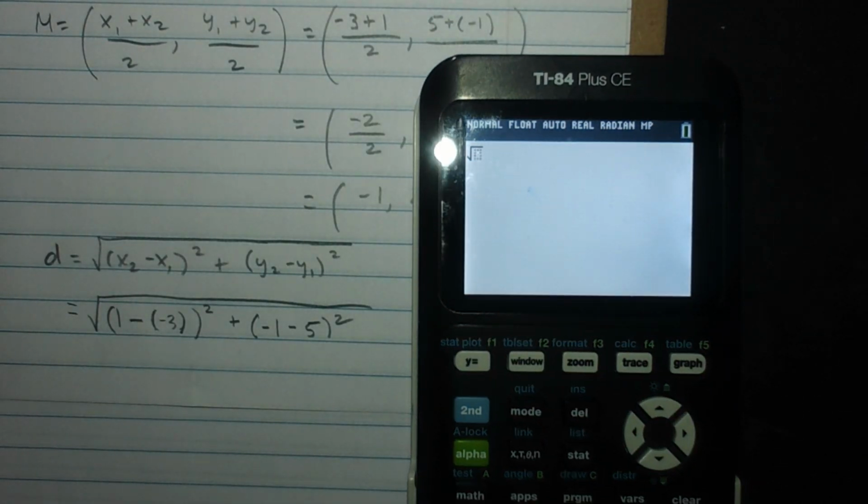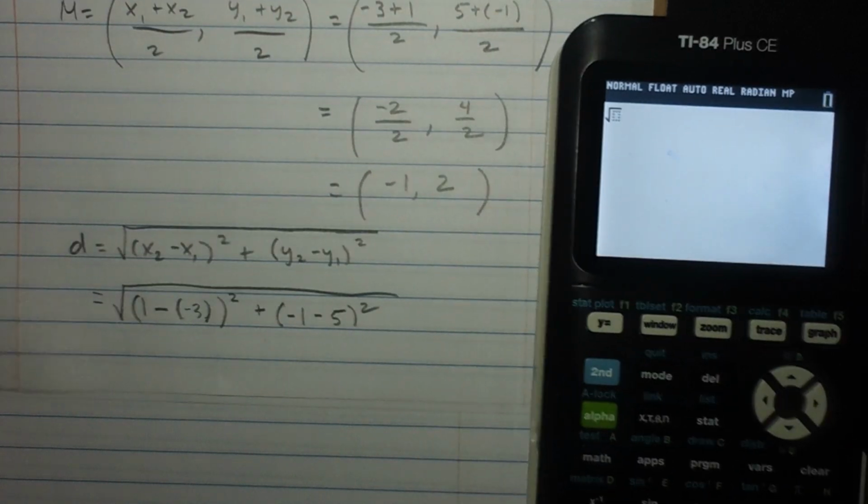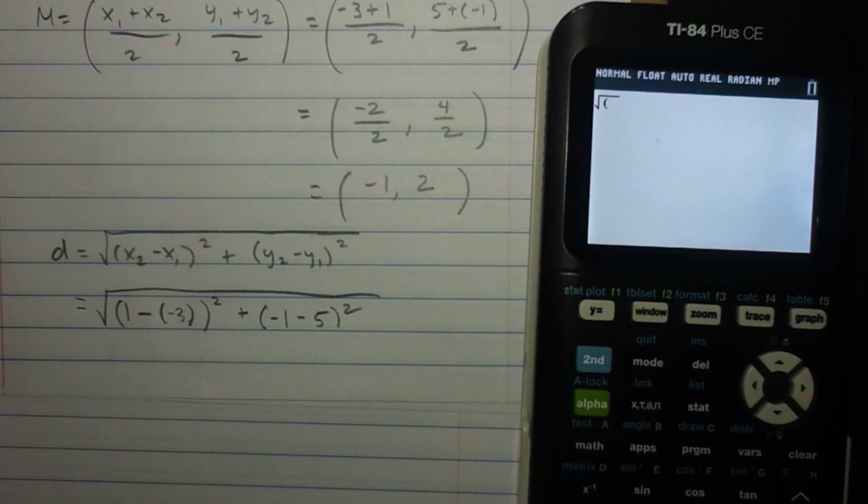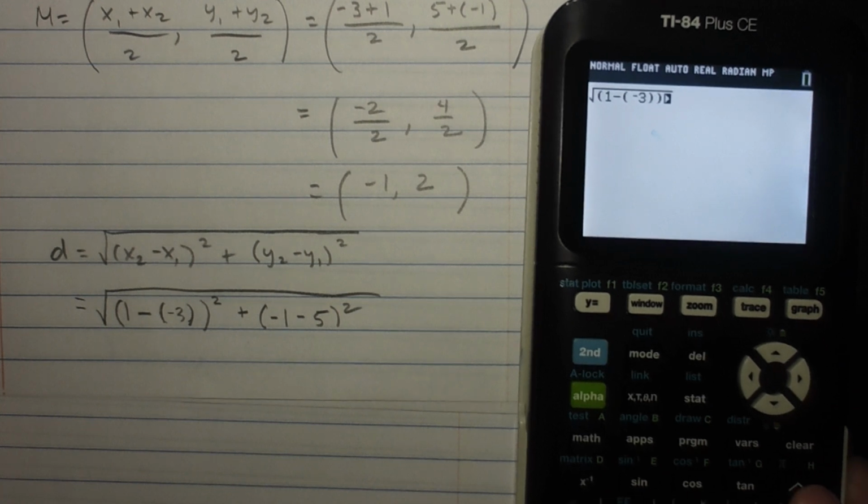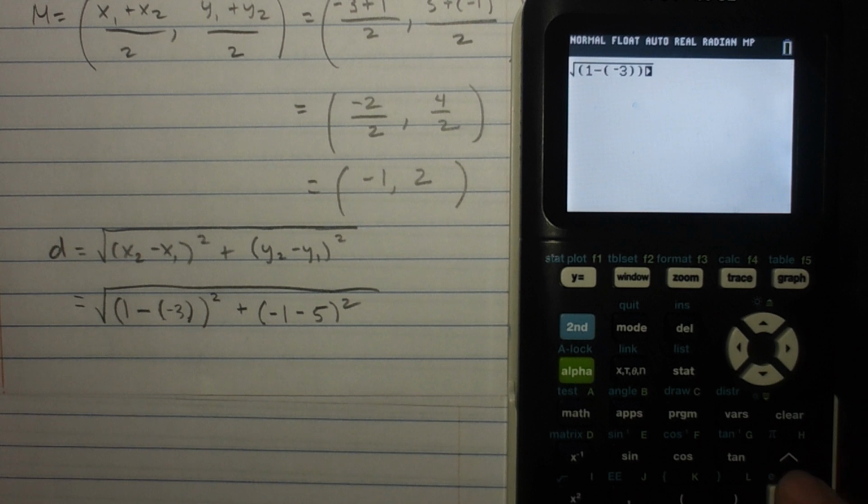So I do parentheses 1 minus parentheses negative 3, close the negative 3, and then there's another parentheses right there. Then I press the caret symbol here so I can raise it to the second power.